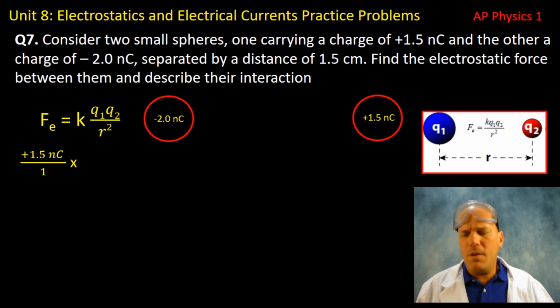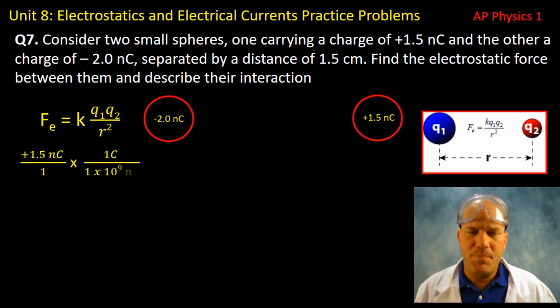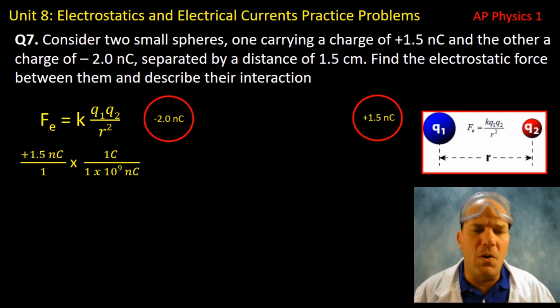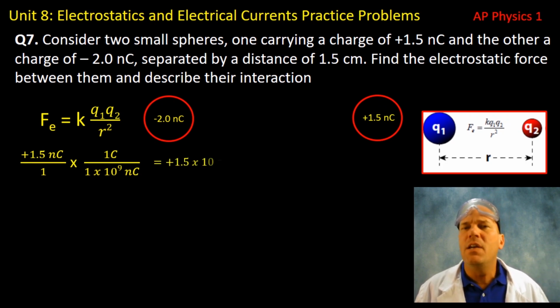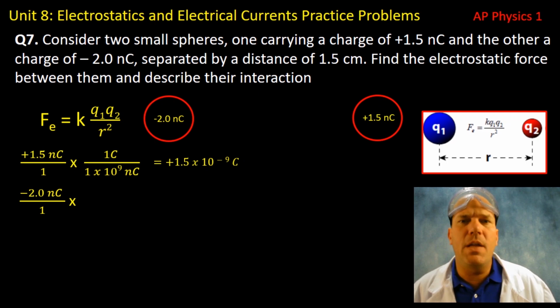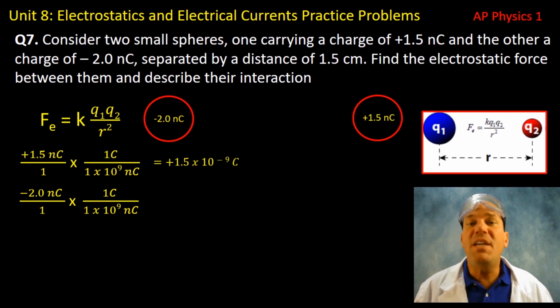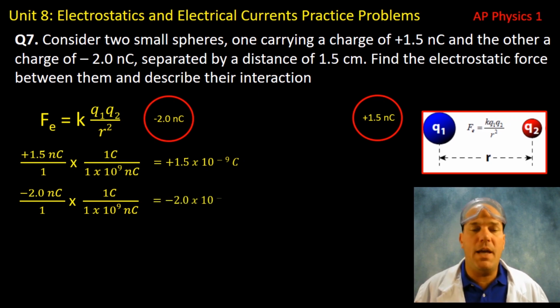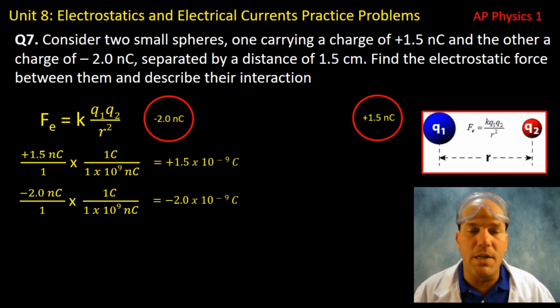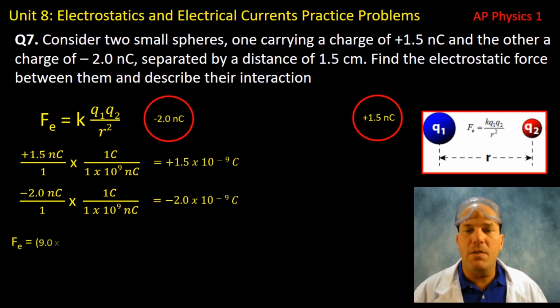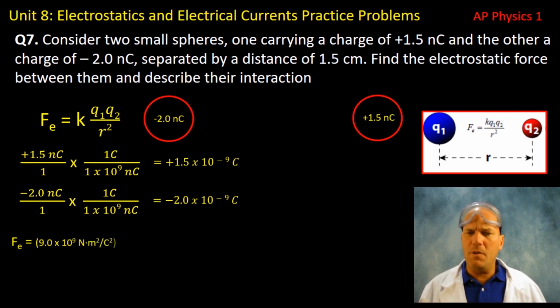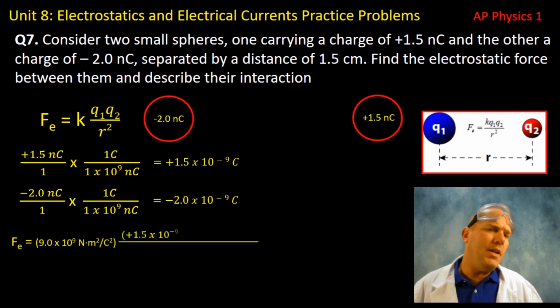So recall that there are 1 billion nanocoulombs in 1 coulomb, so we can use dimensional analysis to convert both of these values over into coulombs so that we're using the units that are SI units, and we're going to be also obviously putting in a distance in meters when we go ahead and square that in the denominator of the Coulomb's law equation. Okay, we have our signage represented, making a prediction of how they would interact.